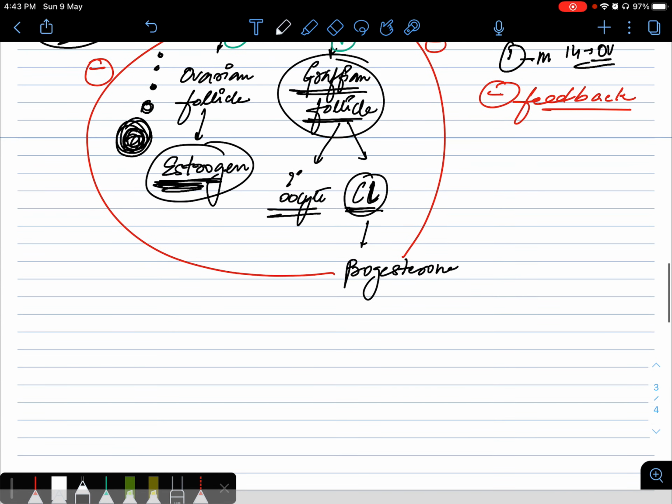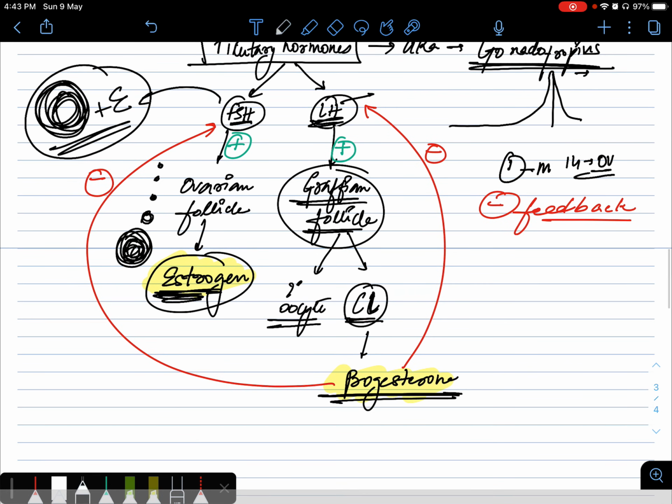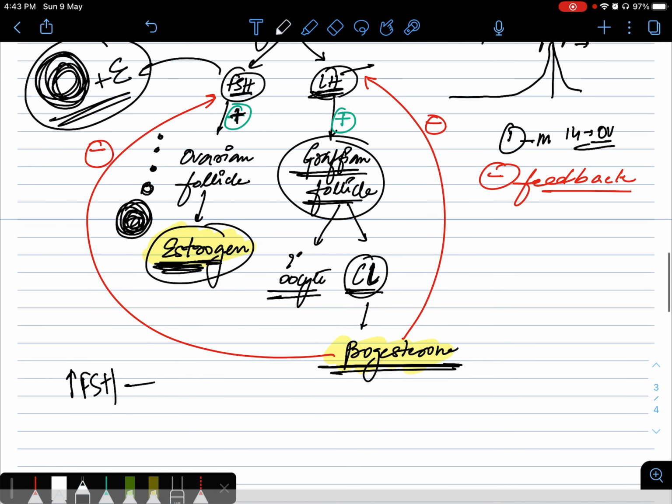The corpus luteum again produces progesterone. So we get the two important hormones, estrogen and progesterone. This is called a positive feedback, because FSH stimulates production of more FSH, there will be more estrogen, and more LH will lead to production of more progesterone.